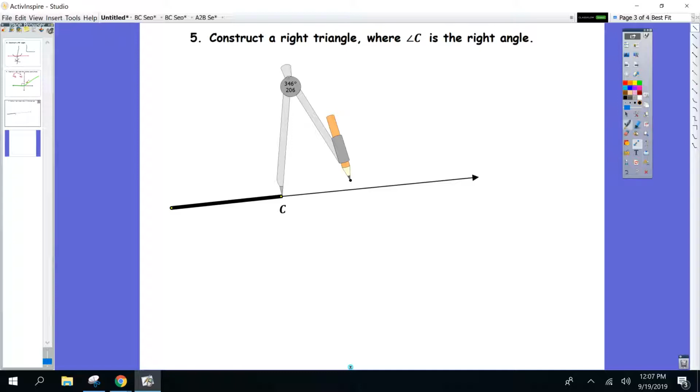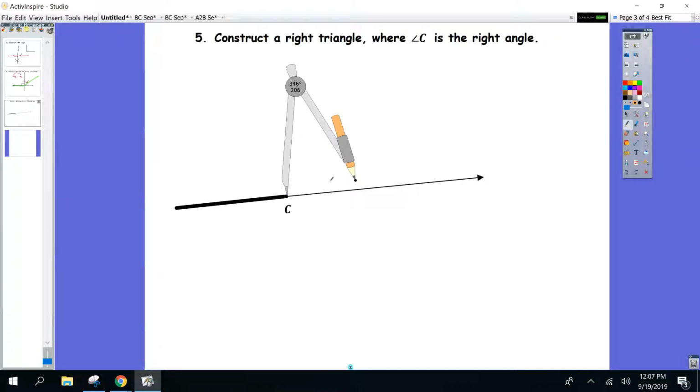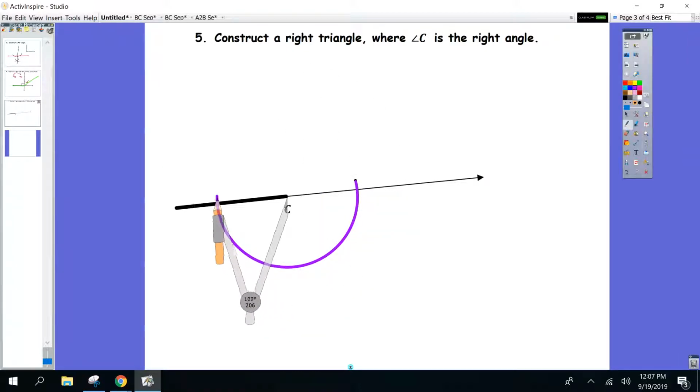Extend it. Now look at that. Now I can make it hit twice. I can open up my compass a little wider and go from each point of intersection.